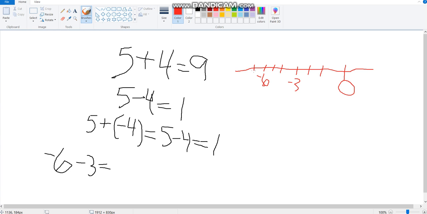If we go down, we're getting more negative. If we go down 3, we're going down to here. I'm going to circle where we'd be at. We'd be at negative 9. So we can say that's negative 9.